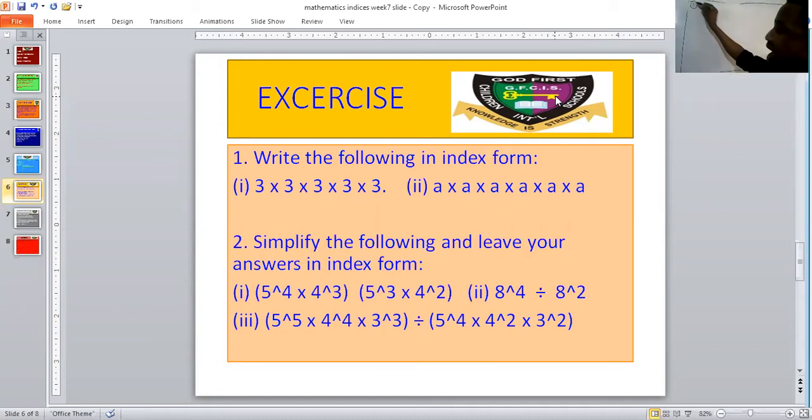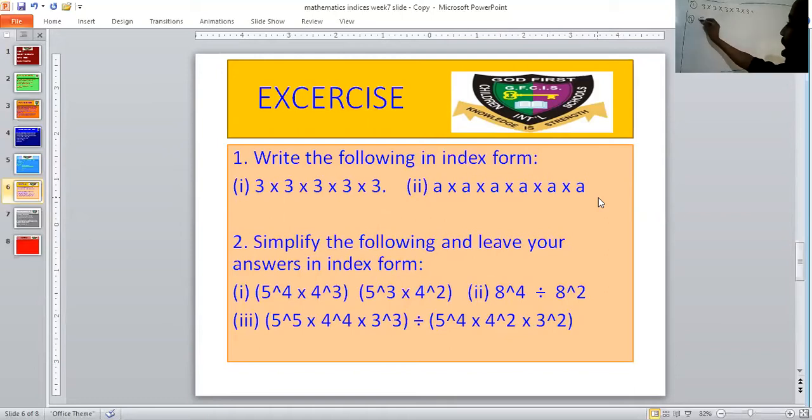Number 1, you have 1, 2, 3, 4, 5: 3 times 3 times 3 times 3 times 3. 3 in 5 places. Number 2 says, A in how many places? Let's count now. You have 1, 2, 3, 4, 5, 6.